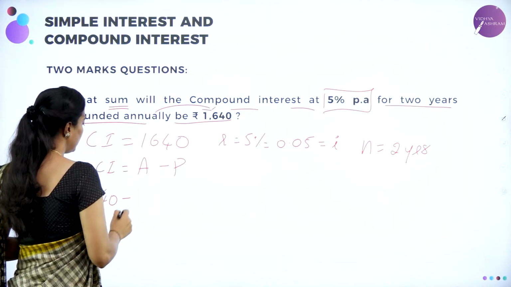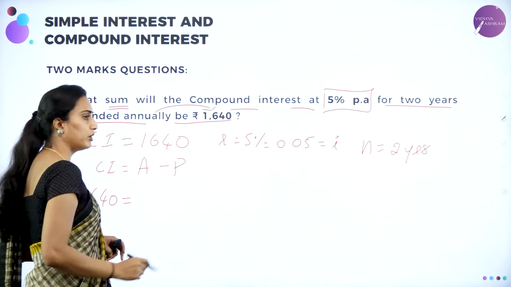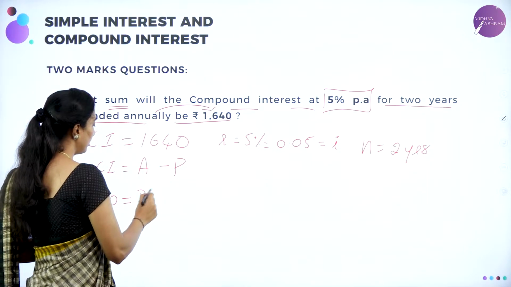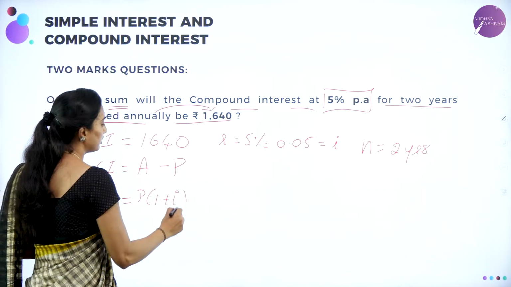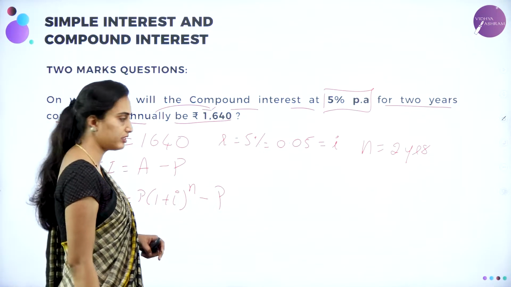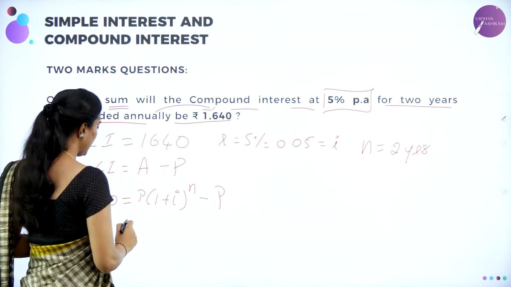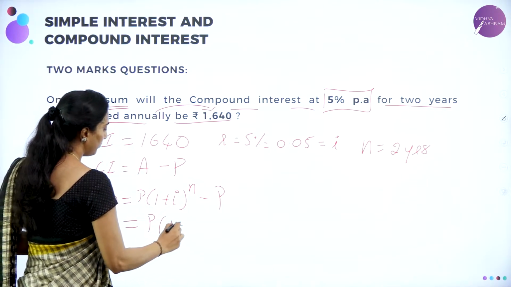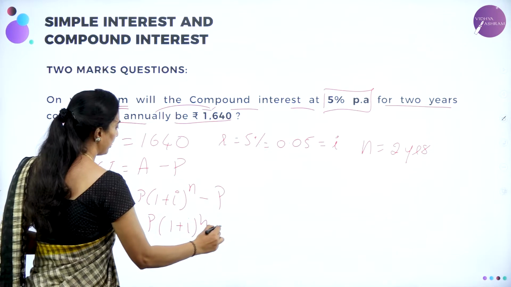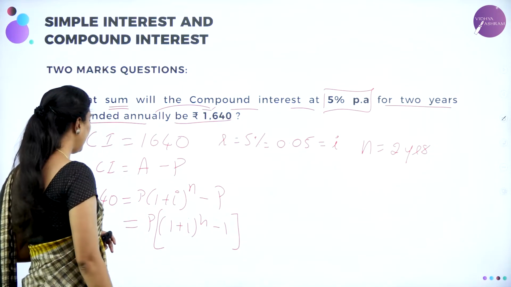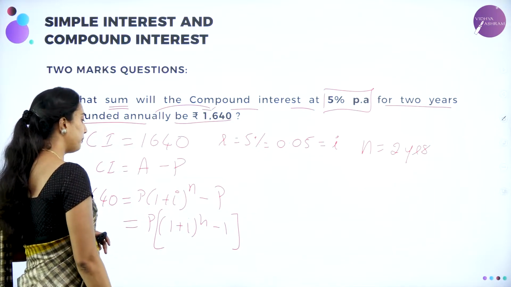1640 is equal to, A is nothing but, you know the formula, P into (1 plus i) whole to the power of n, minus P. This is the formula for A to calculate, isn't it? So now you can take P common factor. What is that? P into ((1 plus i) whole to the power of n minus 1). Right? Now what do I want to calculate? I want to calculate the principal amount.